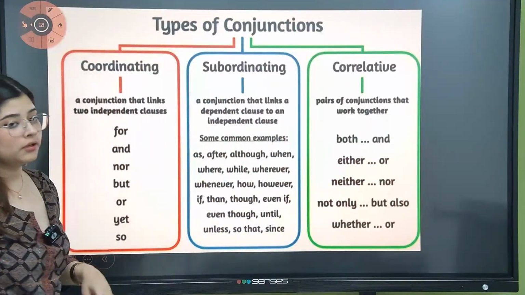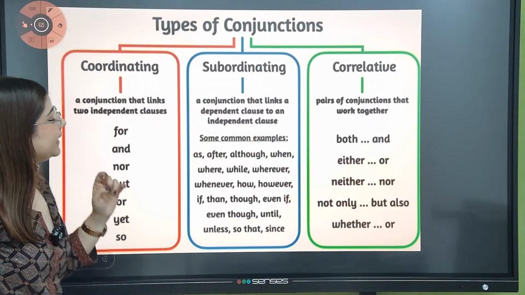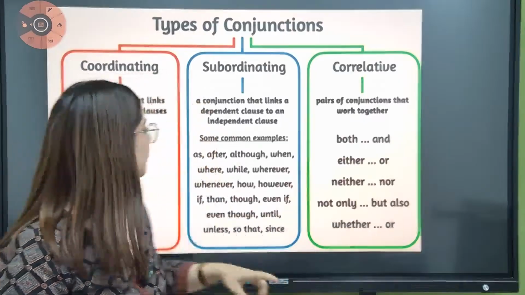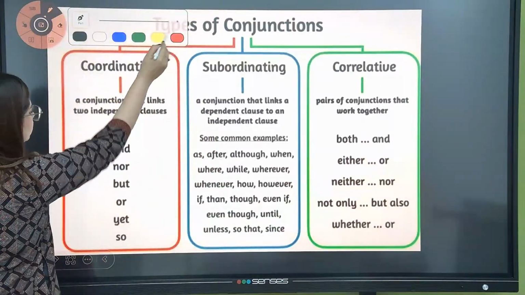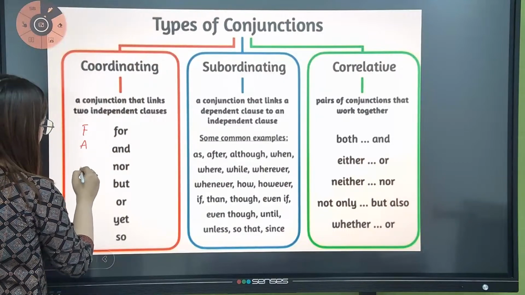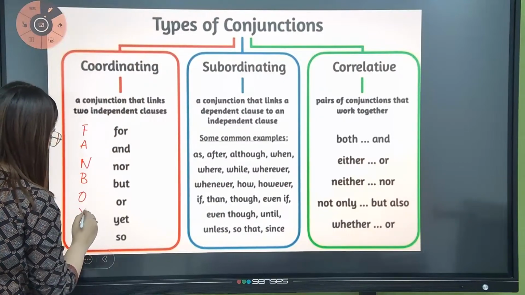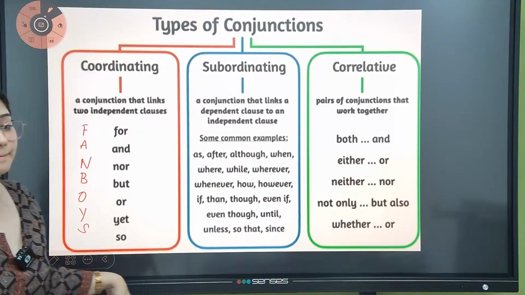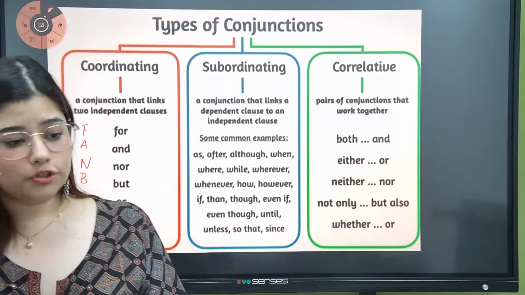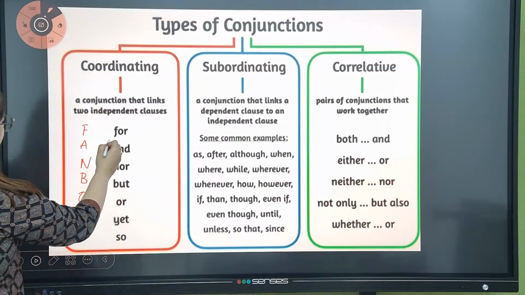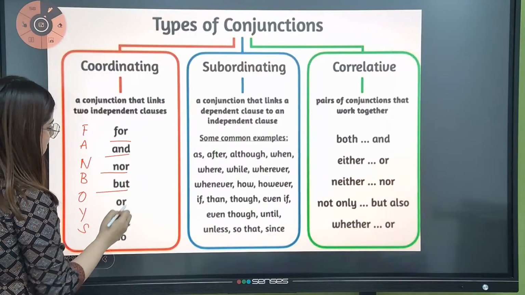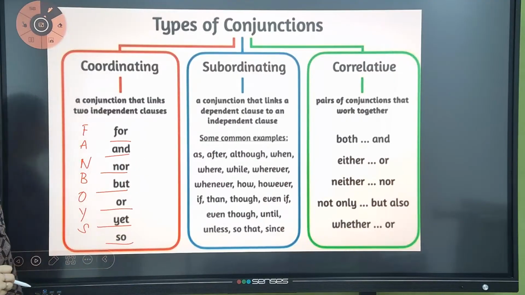Coordinating conjunction, a conjunction that links independent clauses. How do we remember coordinating conjunctions? By the acronym FANBOYS: for, and, nor, but, or, yet, so.